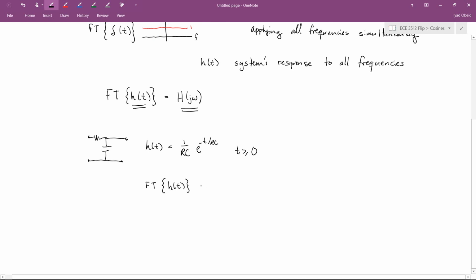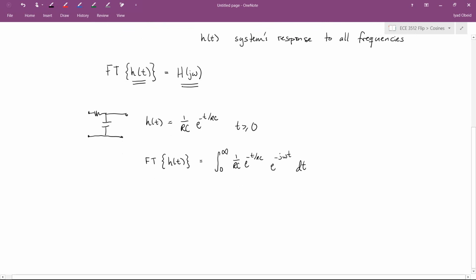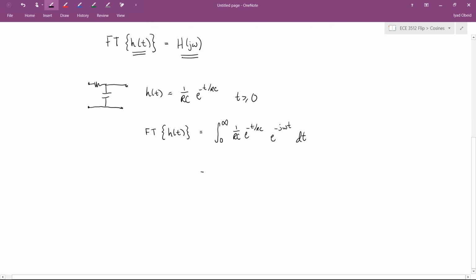So I'm going to apply the Fourier transform integral. I'm going to integrate from t equals 0 to infinity, 1 over RC e to the minus t over RC times e to the minus j omega t dt. So that's just applying the Fourier transform integral. And if I work the calculus for a moment, the 1 over RC comes out.